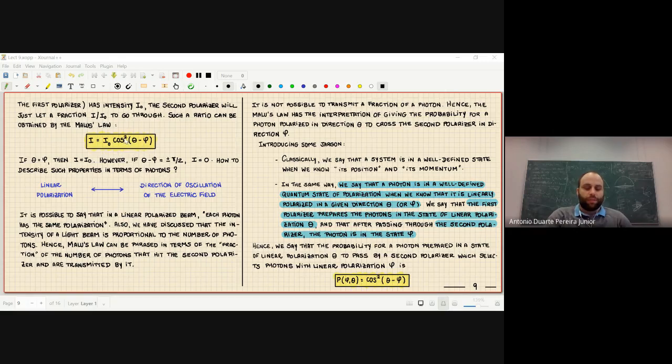They are related by this cosine squared of the difference between the two angles.